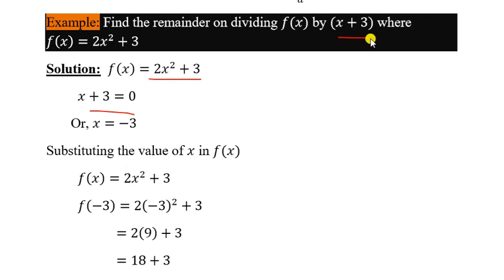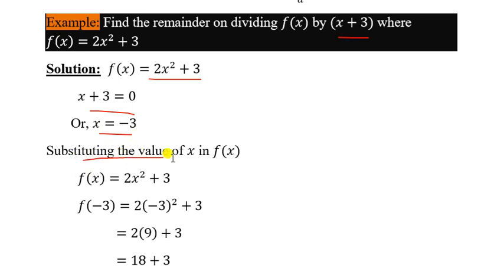Divided by this factor, from there you will get your factor. So x plus 3 equals 0, which means the value of x is minus 3. Just put this value of x in the polynomial and we will get the remainder.